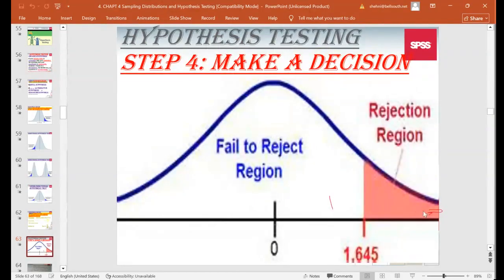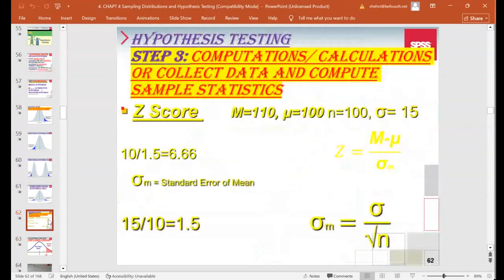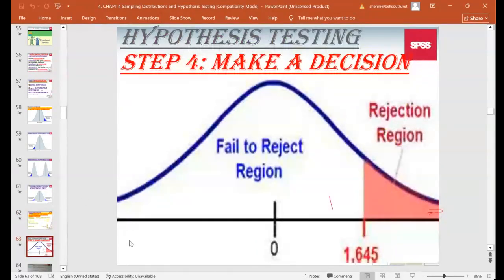So this is your normal distribution for the Z with the mean of 0. And again, with alpha, one tail, 1.645 is the Z value. The Z we calculated earlier, if you go back in the video, was right there, 6.66. So the decision will be right there.